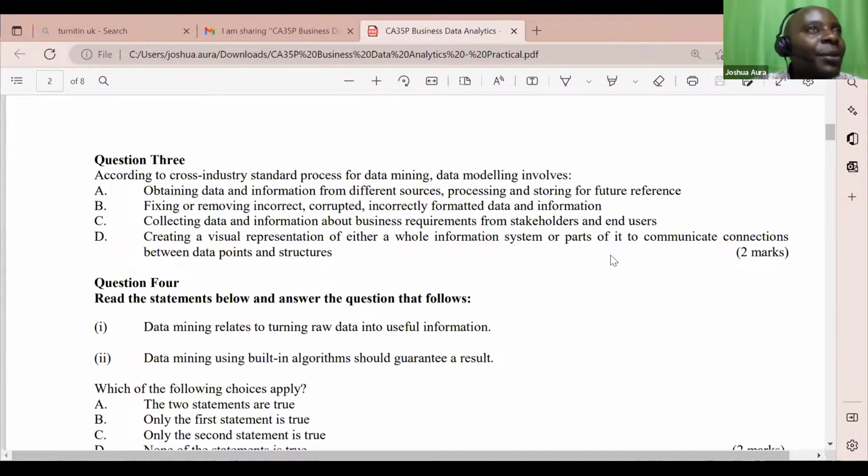The good thing with these multiple choice questions at times is you can also use the elimination technique. Most of these things will become clearer as we go on.